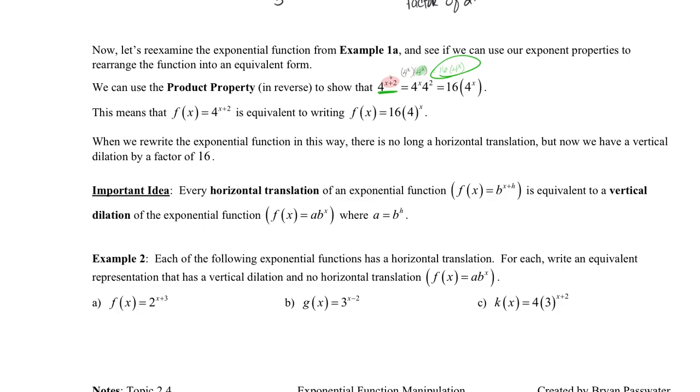So every horizontal translation of an exponential function, here's that horizontal transformation in green, is equivalent to a vertical dilation. So kind of rearranging things, instead of doing something horizontally, we take our original and change it vertically.